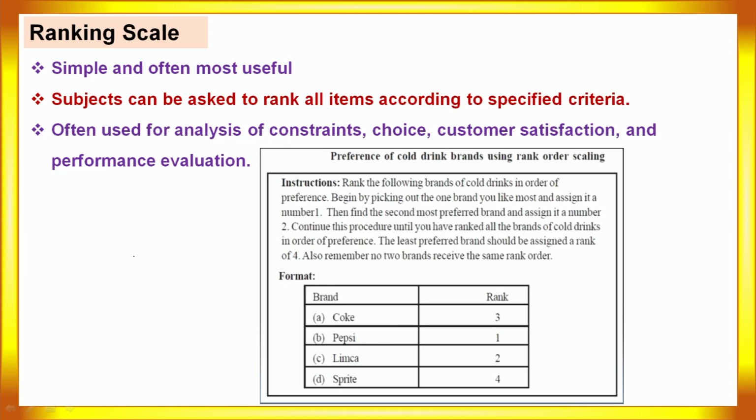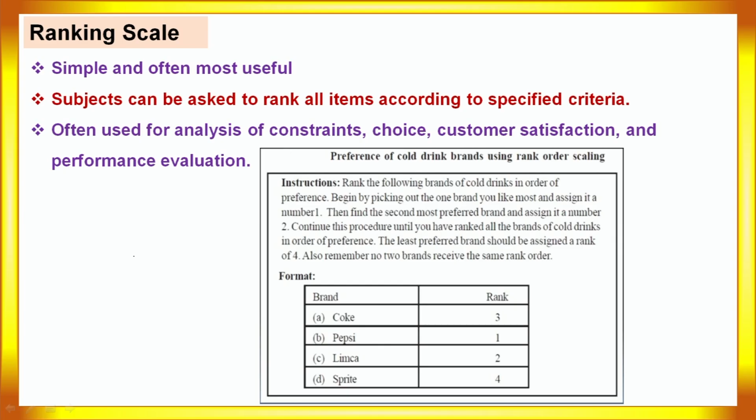In these scales, subjects are asked to rank order all the items according to a specific criterion. And how is this ranking given? Generally the most preferred item is given the lowest number, meaning for the most preferred you give 1, and for the least preferred you give a rank of 5. Here is an example of a ranking scale.